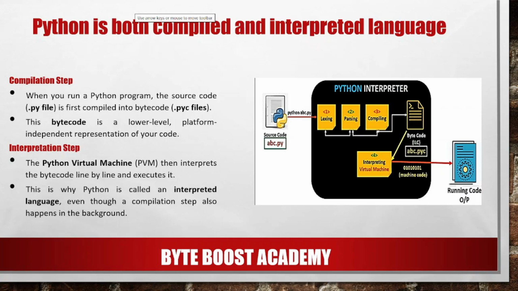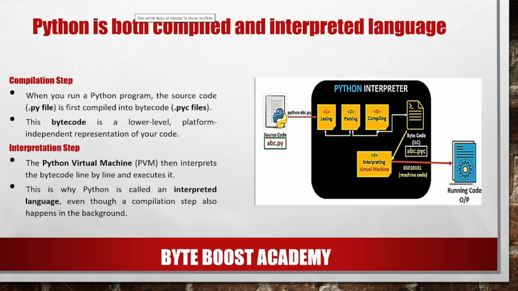Suppose I have written one program of adding two numbers, then it passes through the compiler. That is, the four functional steps of the compiler would take place. What are those? Lexing, syntactical checking, and semantic checking. Then compiling.